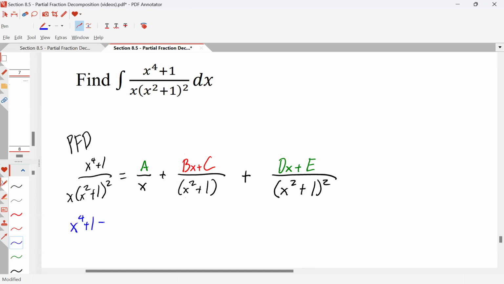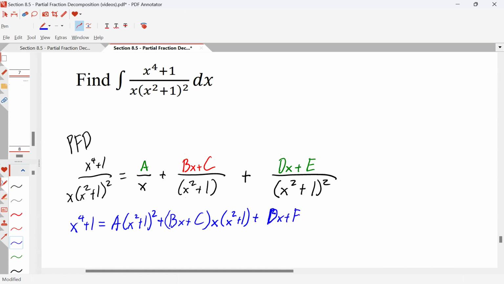And then when I multiply A over x by this denominator, the x's will cancel, and I'm left with A times x squared plus 1 squared. When I multiply Bx plus C by the common denominator, don't forget parentheses, one of the x squared plus 1s will cancel, but we'll be left with an x and an additional x squared plus 1, but only one of them.